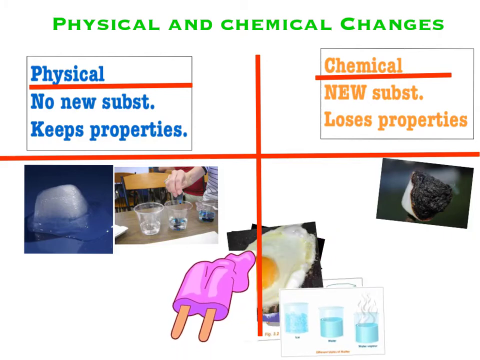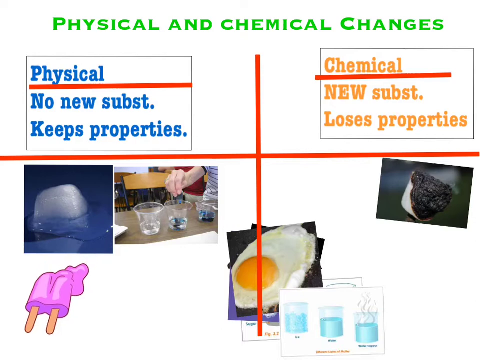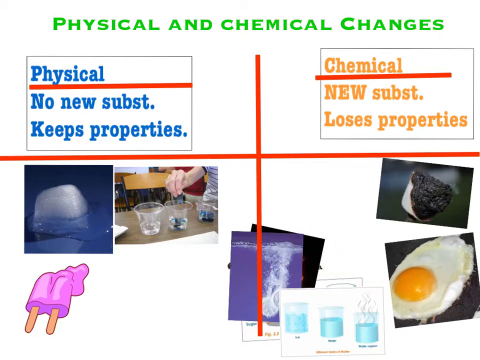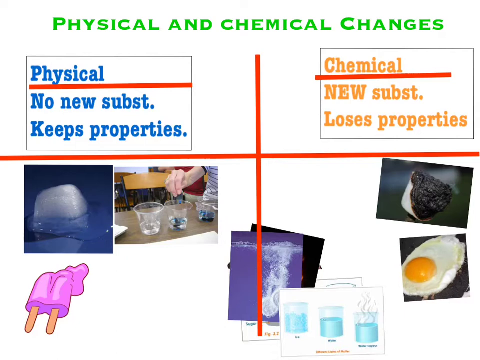Next I have a popsicle melting. Again, that would be physical. I could refreeze the popsicle and still retain its properties. And egg frying. Although this is still an egg, I cannot get the egg back to the way it used to be. So it is a chemical change.